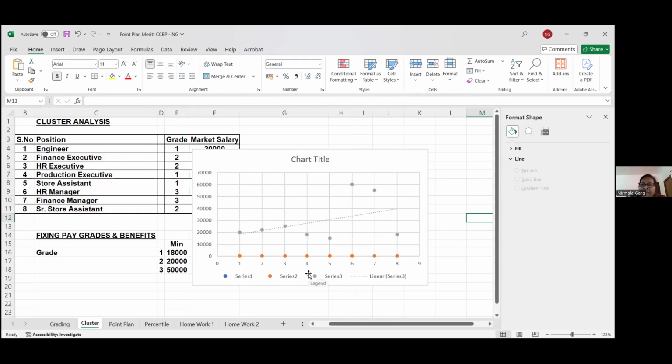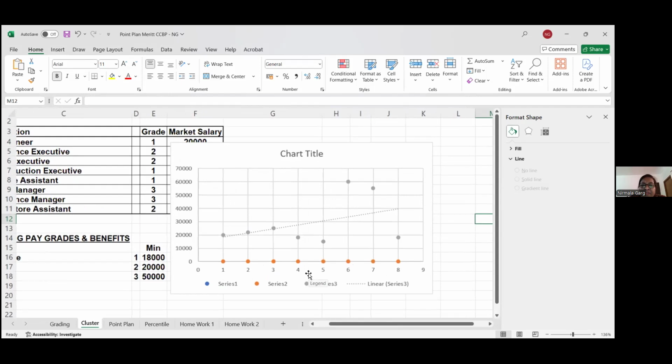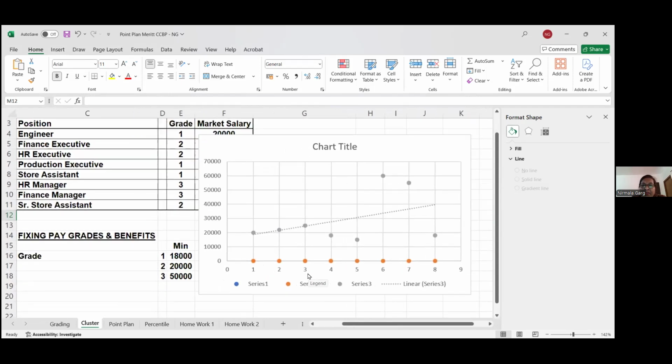Can you see a trend line? Yes. Yeah. Okay. But what can you see in this? You really can't make out much. I purposely did this because sometimes you really need to understand that.